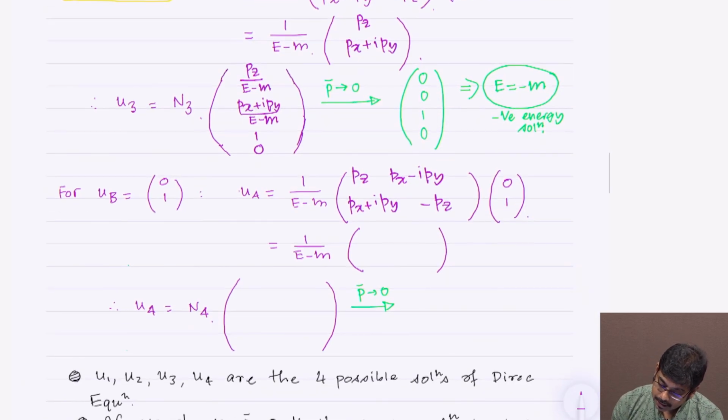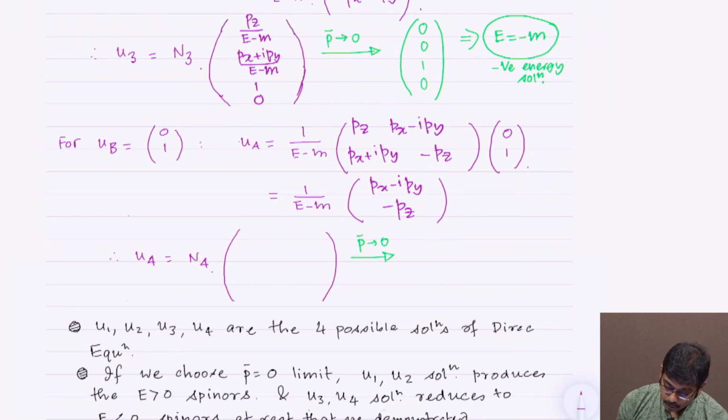And if you do this matrix multiplication, this is going to be px minus i py, right, and px minus i py, and then this will be minus of pz, correct.